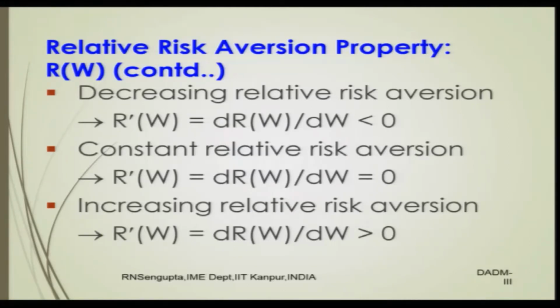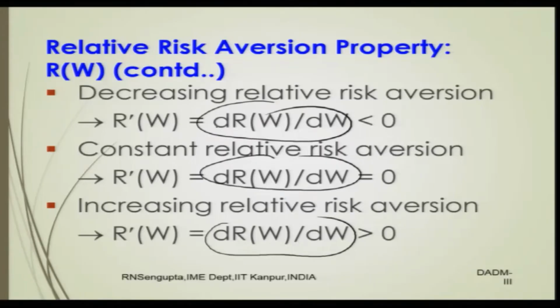So, this is R prime, this is R prime, this is R prime: less than 0, equal to 0 and greater than 0. That will give me the concept in the relative sense. Also, you have the absolute sense, and we will try to combine them to find out the properties of the utility functions and try to utilize them later.